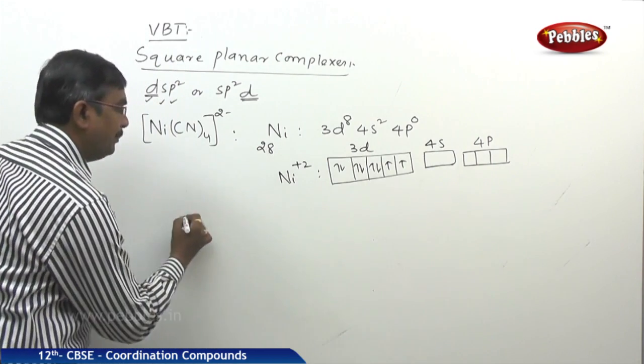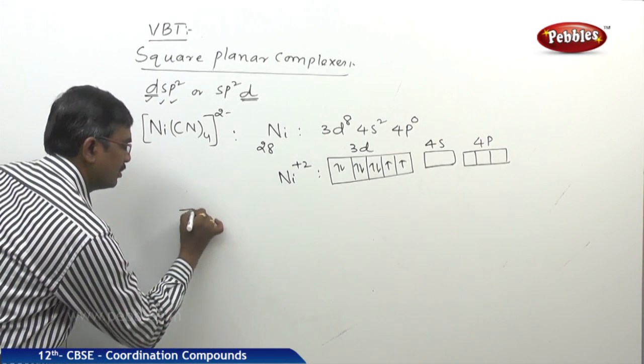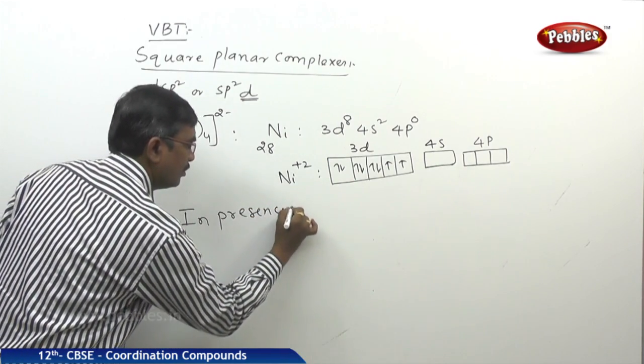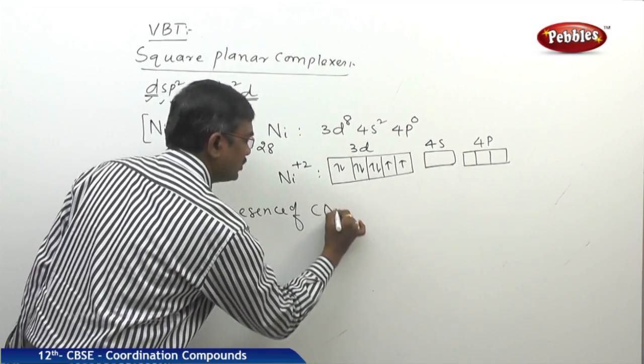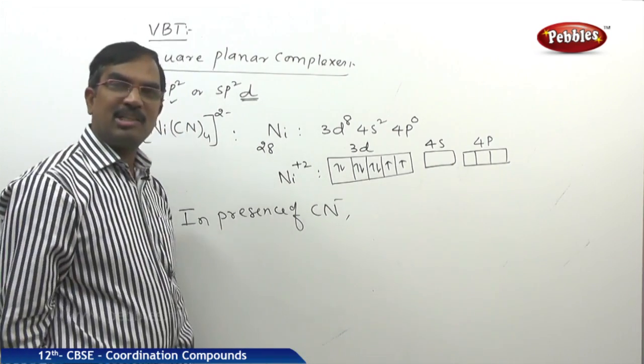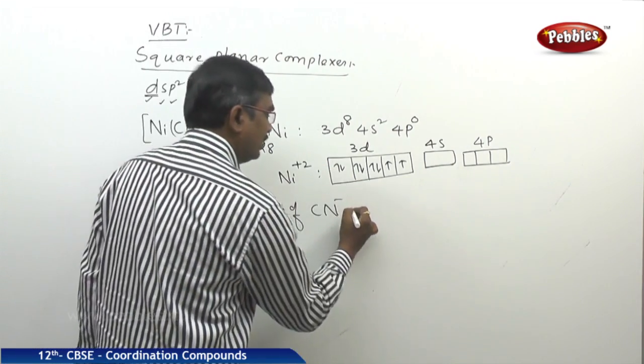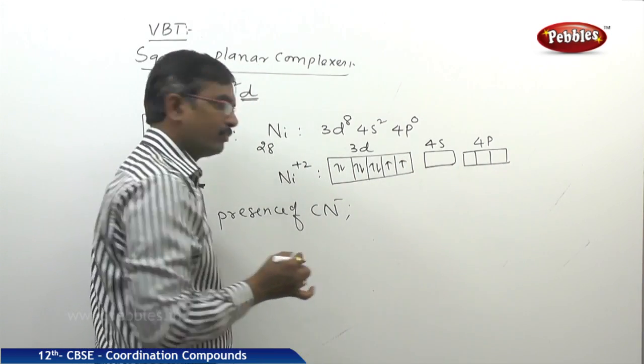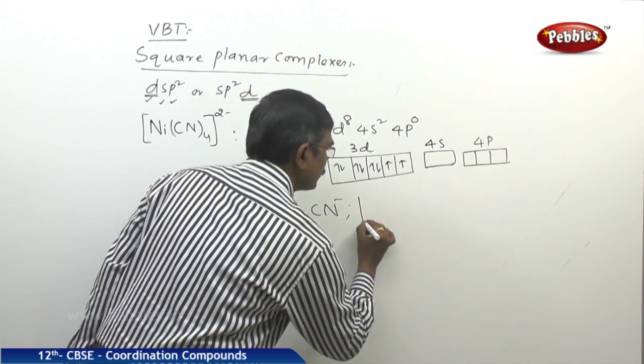That's why we can write the configuration like this: there occurs pairing of these 2 electrons.